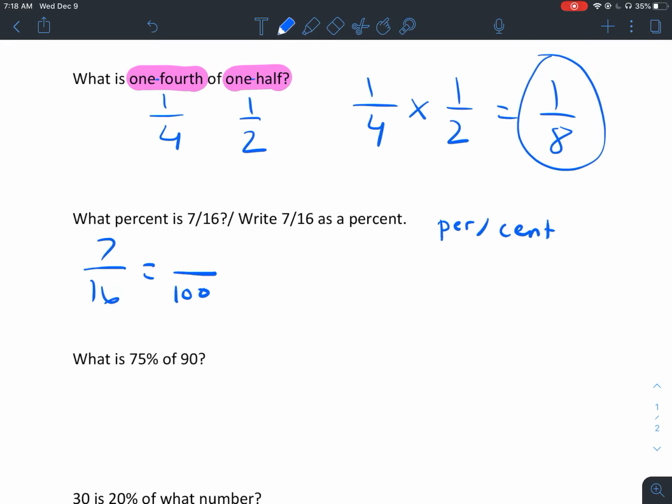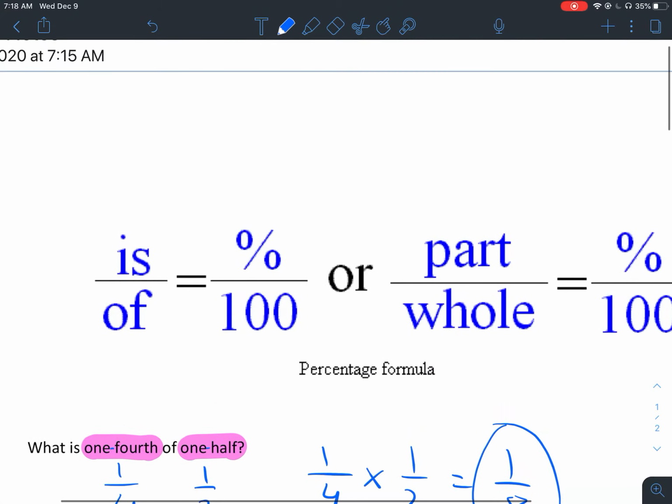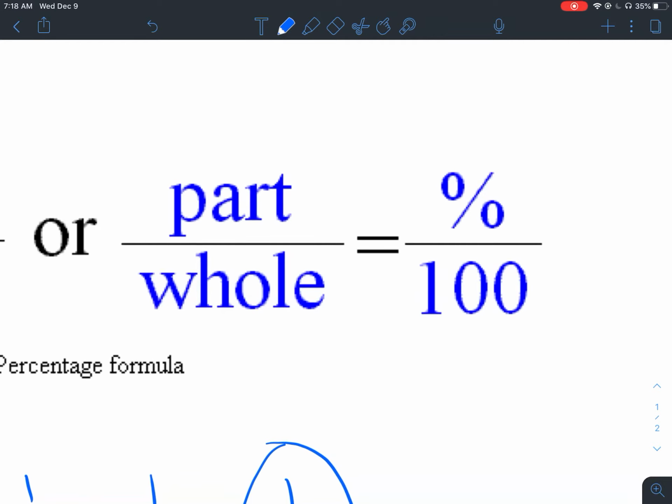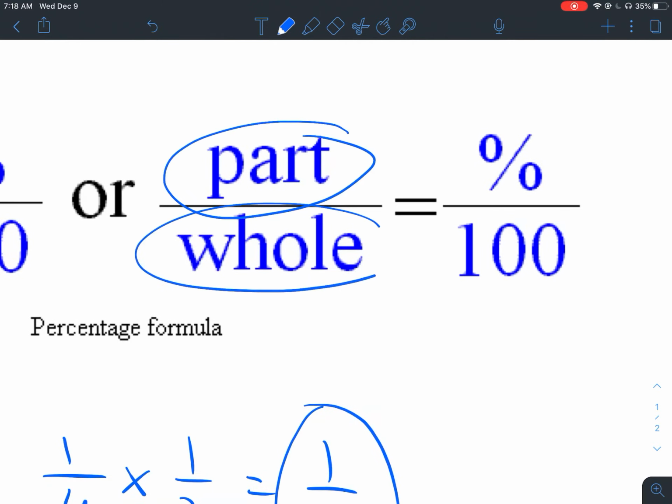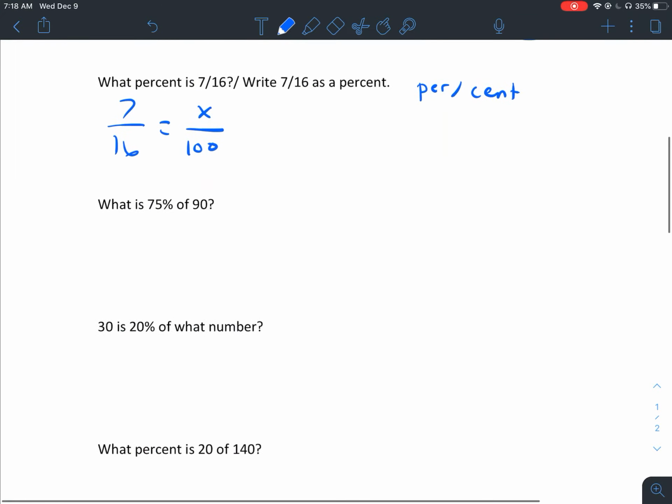One thing you can do is set up a proportion and cross multiply. Your percent would go over the 100. We have our fraction, which is part over a whole, and we're setting that equal to our percent over 100.